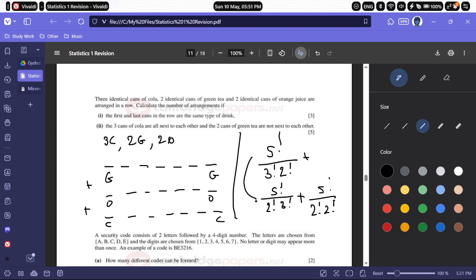So just to save time, you can multiply them by 2. That plus 5 factorial over 2 times 2 basically. So that ends up giving you 15 as your answer. And they're asking you for the number of arrangements, right? So your answer would be 50.